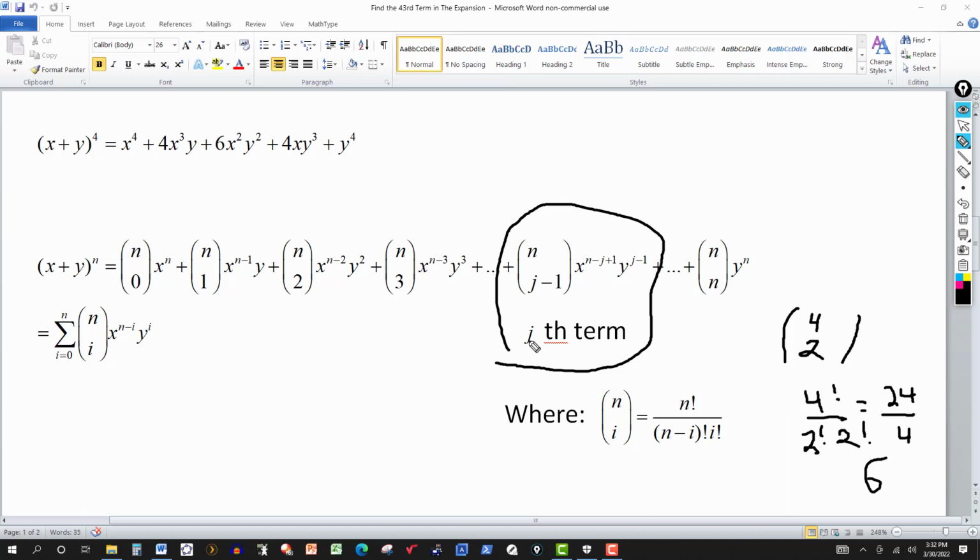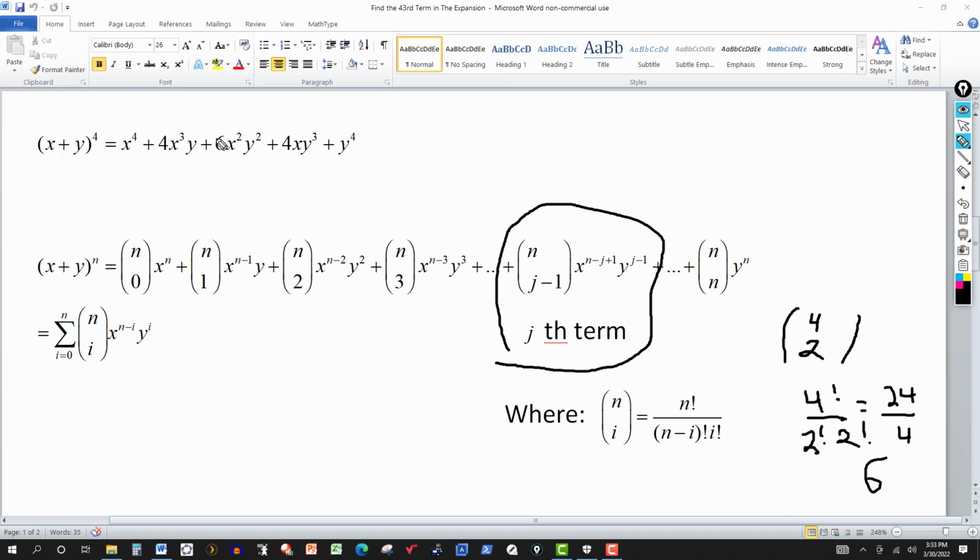If you want the jth term of the expansion, the exponent on the y, and keep in mind here the terms are x and y, but the first term could be 3x, the second term could be 3y or 3y squared, but it's the same application. So if you want the jth term, the exponent on the y should be 1 less than that, and then they have to add up to whatever the power is. In this case that would be n.